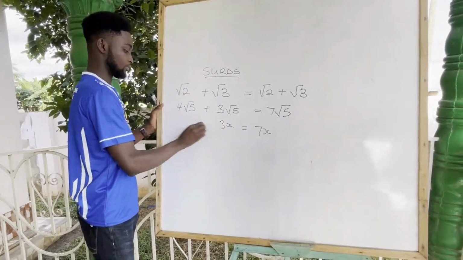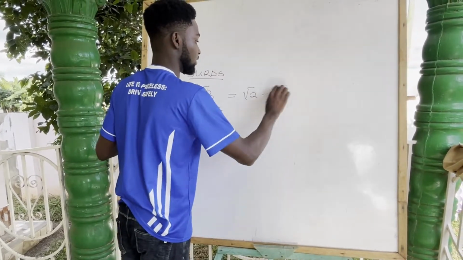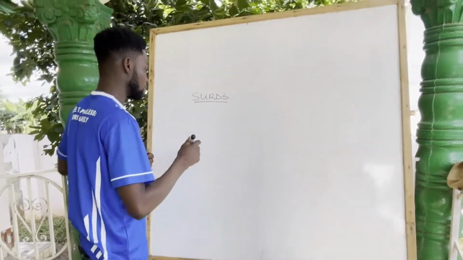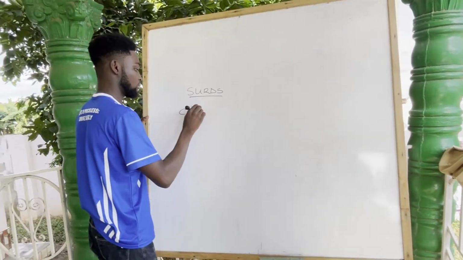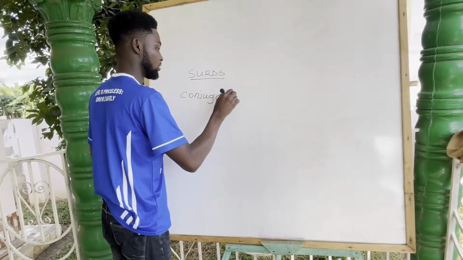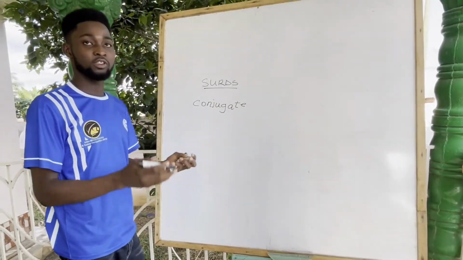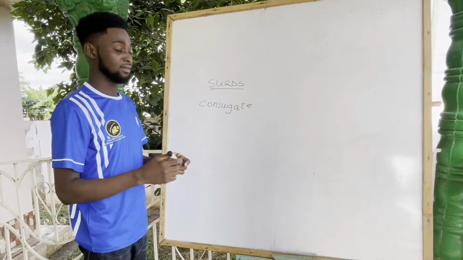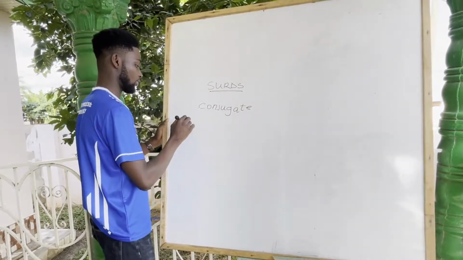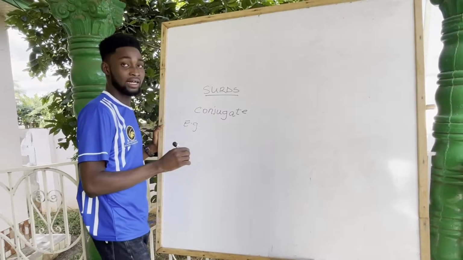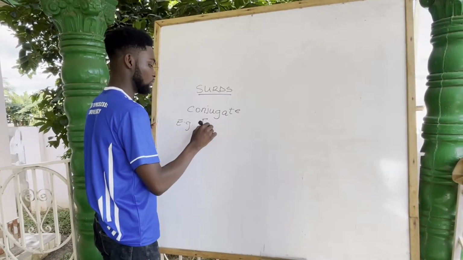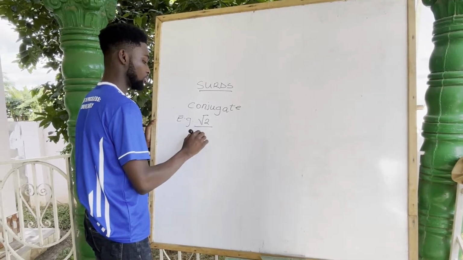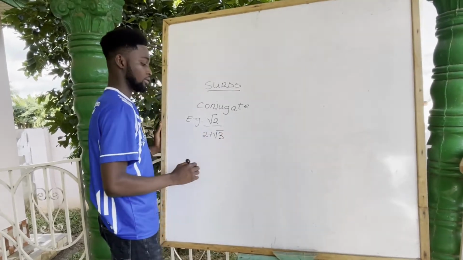We are going to talk about something we call the conjugate of a set. The conjugate of a set. To talk about conjugates, it's a term that is used to multiply a set to rationally make it not a set again. Let's take an example. If we are asked to simplify, for instance, root 2 over, let's say, 2 plus root 3.